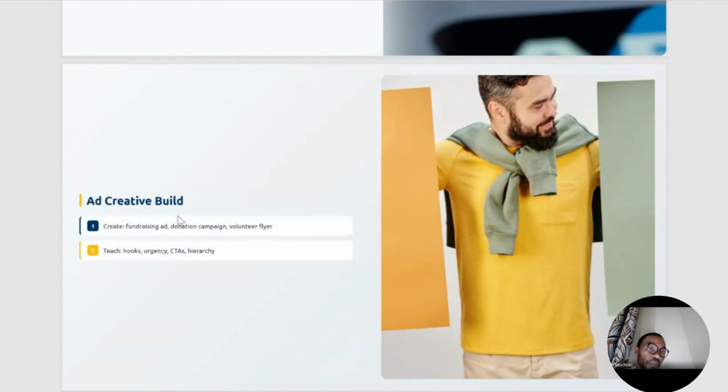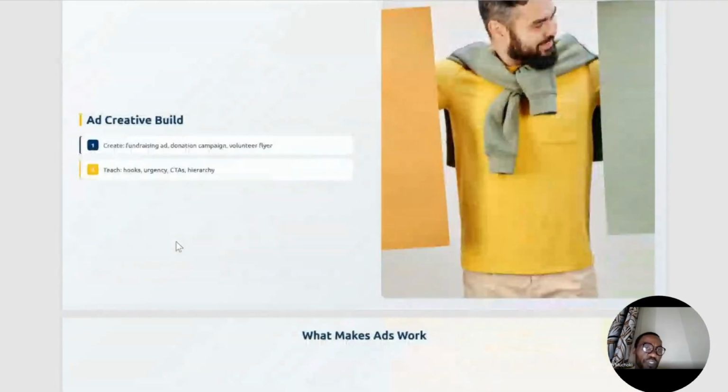An ad creative: what kind of ad creatives would you do for this kind of brand? Fundraising ad, donation campaign, volunteer flyer. You're telling people to volunteer, and then maybe there are M-Pesa details. In our office, we get people who knock and ask for donations, and then they give you a flyer.